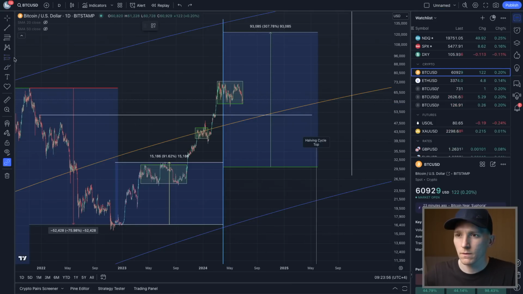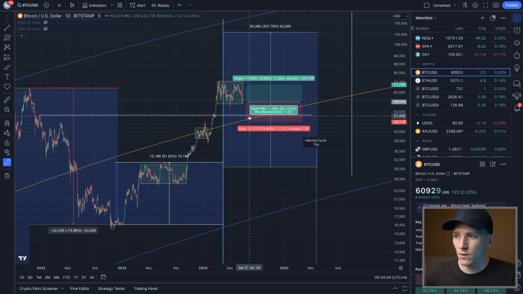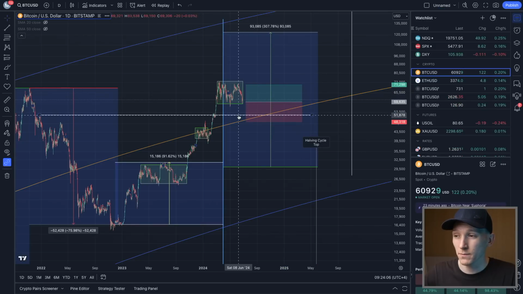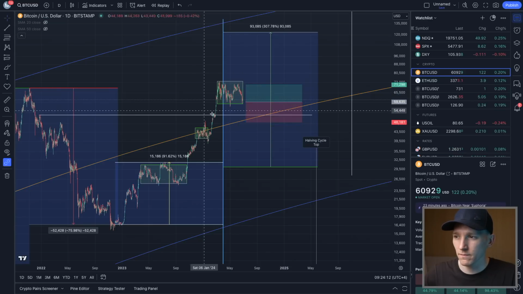So if we take a long position, let's say we get in here, we need our stop loss somewhere around this. We definitely don't want our stop loss here because that's where we actually want to be buying still. And our stop loss would be where the trade is invalidated. So give it some edge right here.